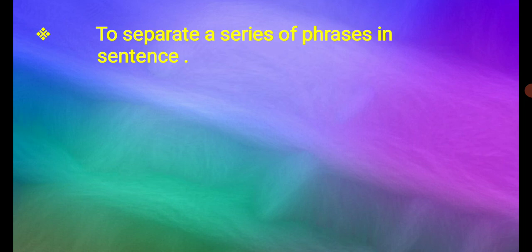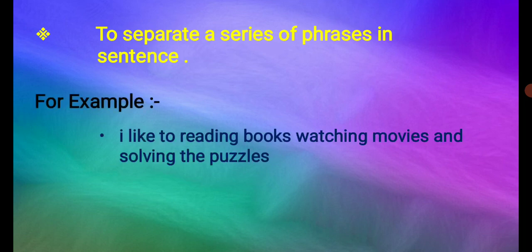So let's see the example. I like reading books, watching movies and solving puzzles. As we know the main basic rule of punctuation is that the first letter of the first word is capital. So I will be capital. Then I like reading books is one phrase. Then we will put comma.